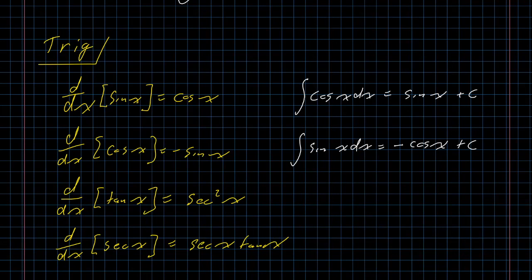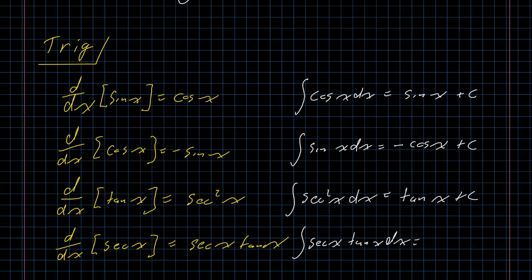The other two integrals I can write down. They're a little bit less obvious. They're going to be a little bit less useful, but the integral of secant squared x is in fact tangent, and the integral of secant times tangent is in fact secant.